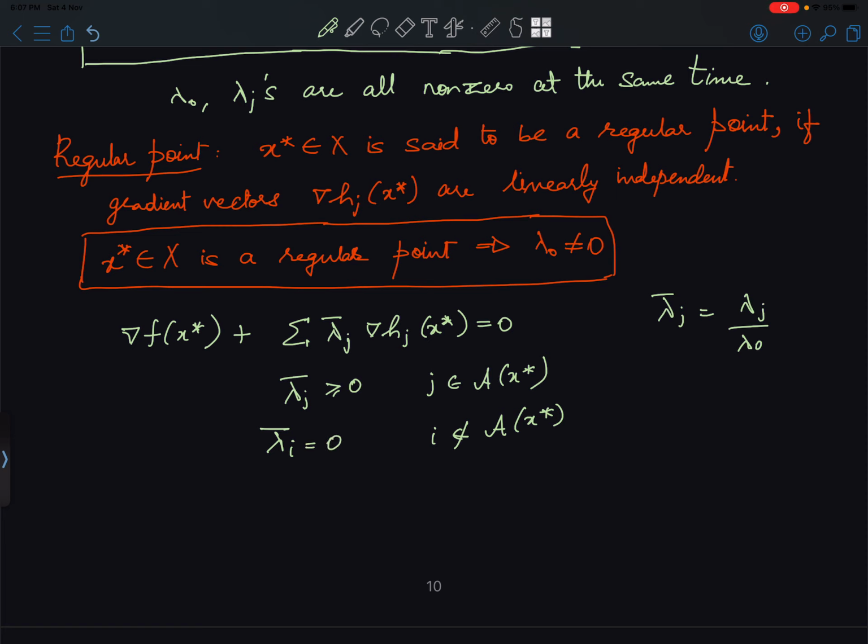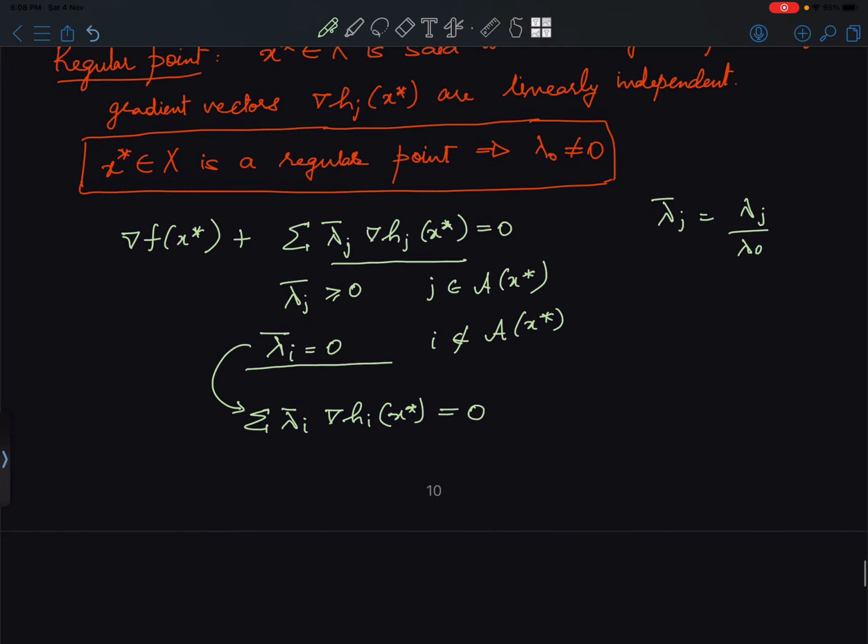So suppose I put my lambda i as 0, then in this particular equation the summation of lambda i bar and gradient of h i bar is equal to 0, because my lambda is equal to 0, right?